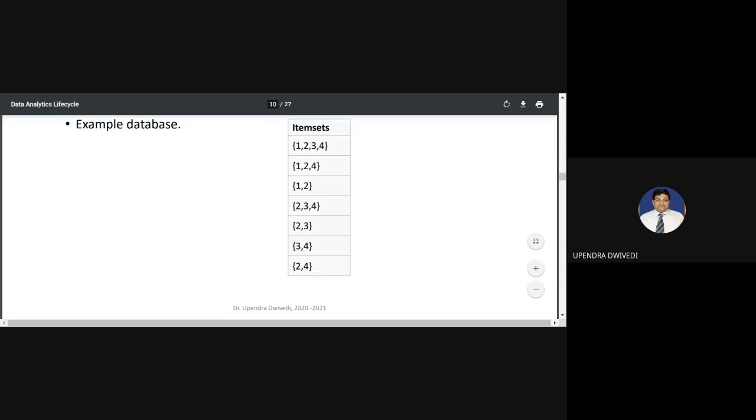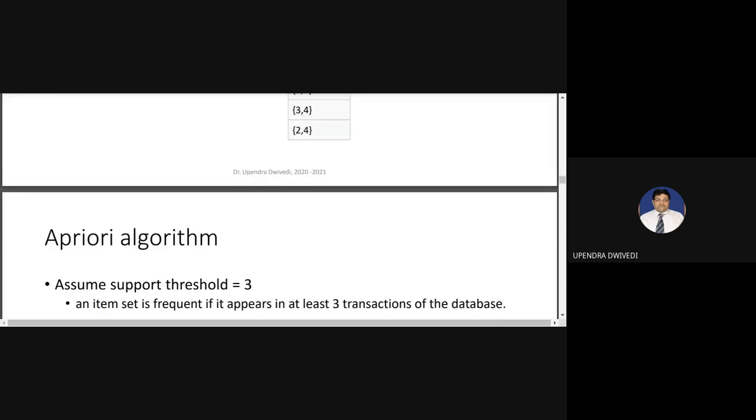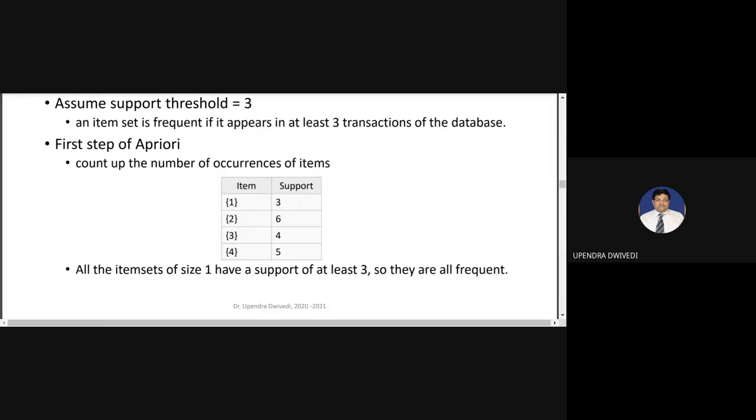If we count the occurrences of 1, it appears here, here, and here, so item 1 appears 3 times. We write 1, 3. Just forget the support here; it is only the number of occurrences of an item.